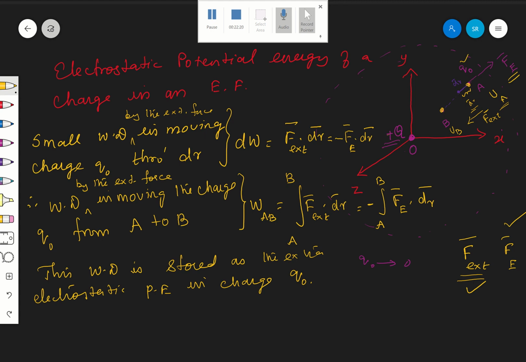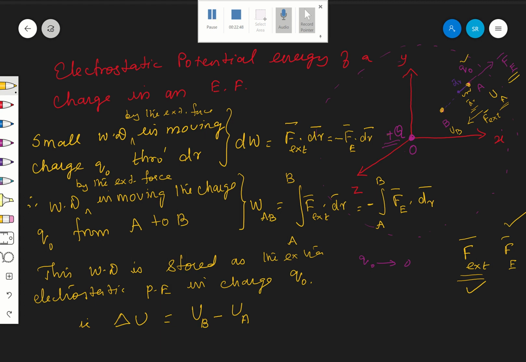Okay, therefore what is extra potential energy? That is a potential energy difference, that is delta U. That is nothing but UB minus UA. When a test charge Q naught is kept at point A, it has energy UA.